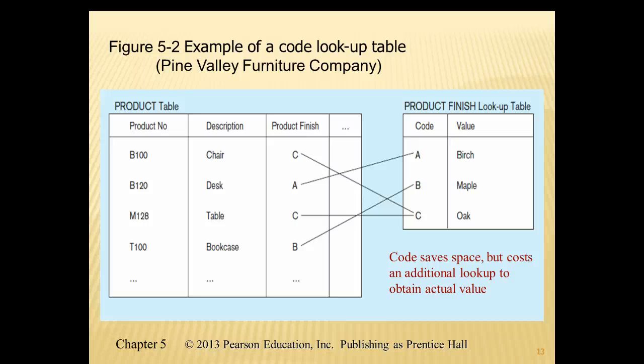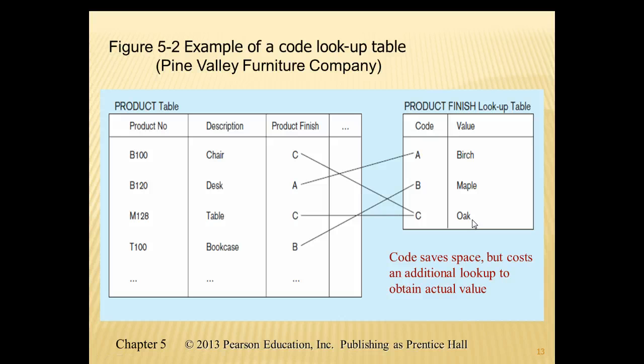So what's done here is that the product finish was put into another table, and then via a join or some other relation, the product finish was used over here on the product table, to save space on this area, and then the product finish was only entered once in the new product finish table. So that does indeed save space.